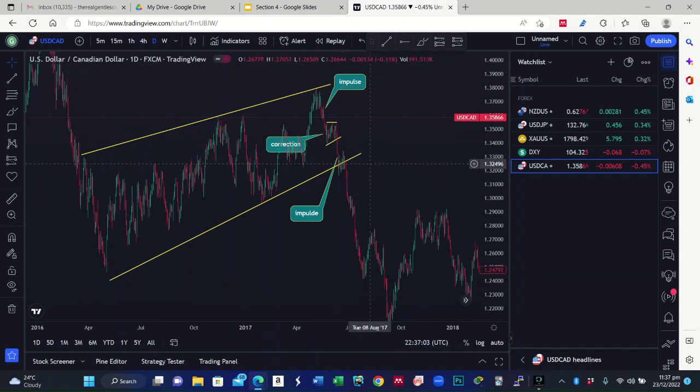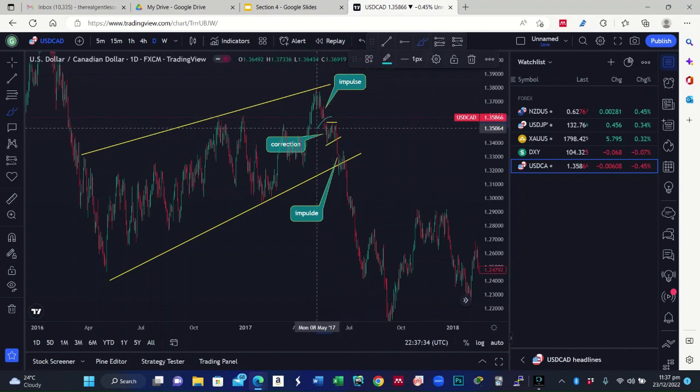What I'm trying to make you understand is that if you go to the higher time frame, even in a correction there are always plenty of moves that you can catch on a time frame lower than that particular time frame. I hope you are getting it now. It means even in this daily time frame, if I go lower to the 4 hour time frame, you are still going to see some impulse, correction, and impulse inside this correction of the daily time frame.